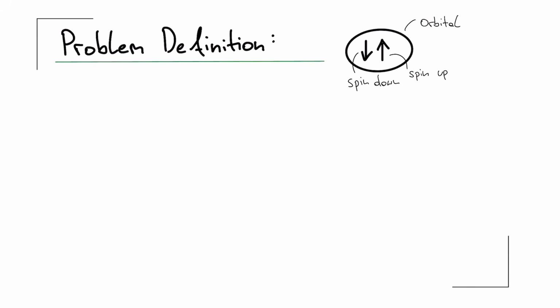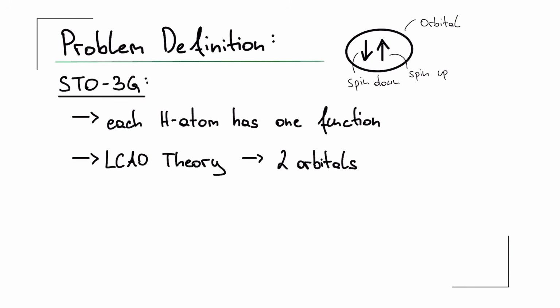Let's come back to the STO3G basis. In this basis, each hydrogen atom is described, very roughly speaking, by a single function. This means we describe each hydrogen orbital with minimal effort, just one simple function.